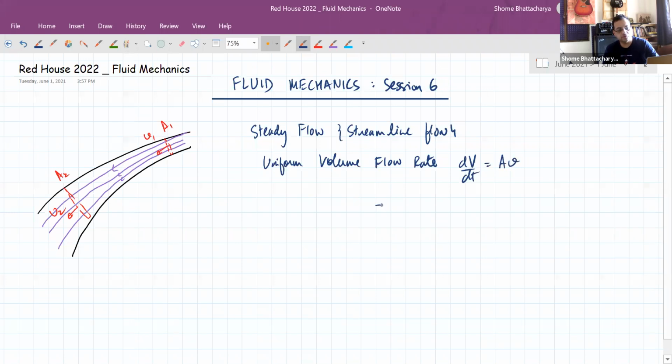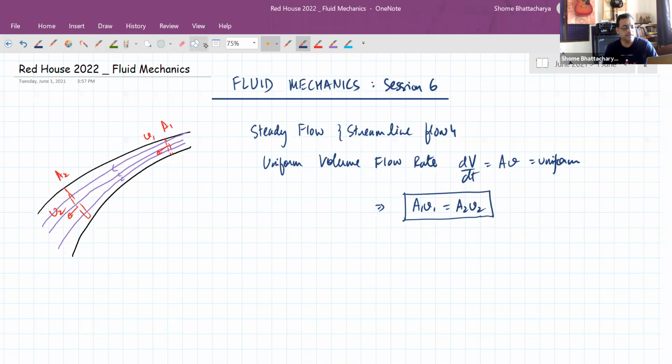Therefore, at any two arbitrarily chosen points, A1 V1 will be equal to A2 V2, uniform or constant. So this is two ways of expressing the continuity equation. Either we express it as a generality that A into V is uniform, or A1 V1 is equal to A2 V2 at any two points.